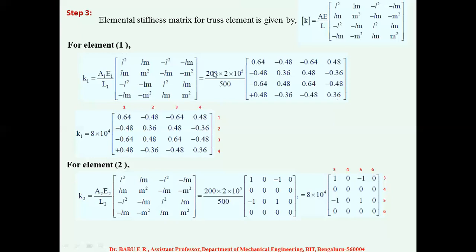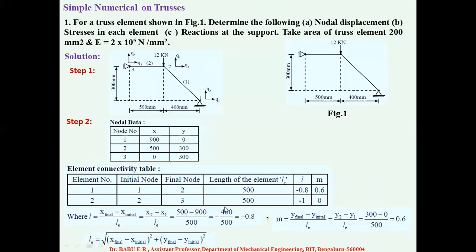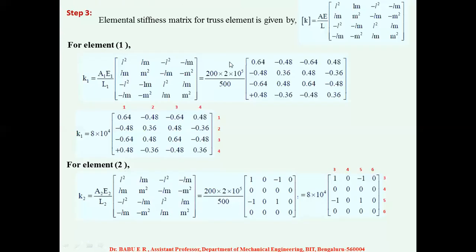Now you simplify this. When you simplify this, we'll get 8 into 10 to the power of 4. Now you have an option. You can keep 10 to the power of 4 outside and send 8 inside. When you send 8 inside, it becomes too complicated. In the given problem, the area remains the same, Young's modulus remains the same, and you can observe the length of the element also remains the same. So the product of this in element 1 and element 2 remains the same.